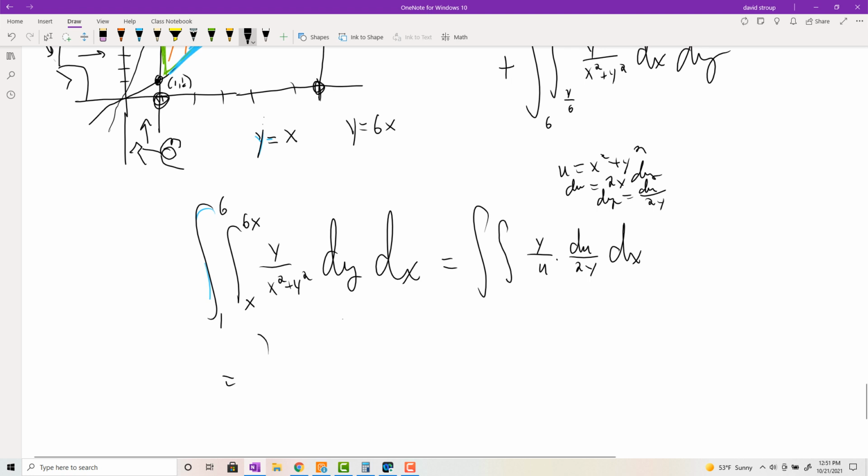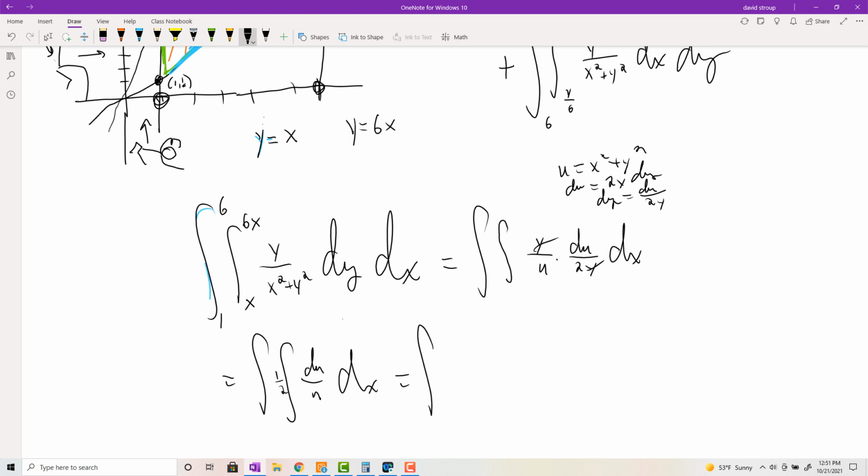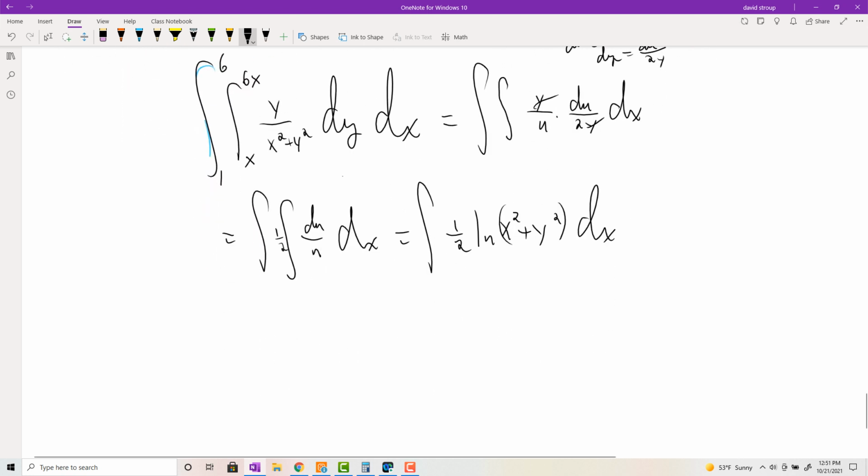The y's cancel, 1/2 pops out, and you get du over u, so that's just a natural log. So this will be the integral of 1/2 of the ln of the absolute value of, in this case, x squared plus y squared, dx. Ooh, really? This integral isn't any easier.